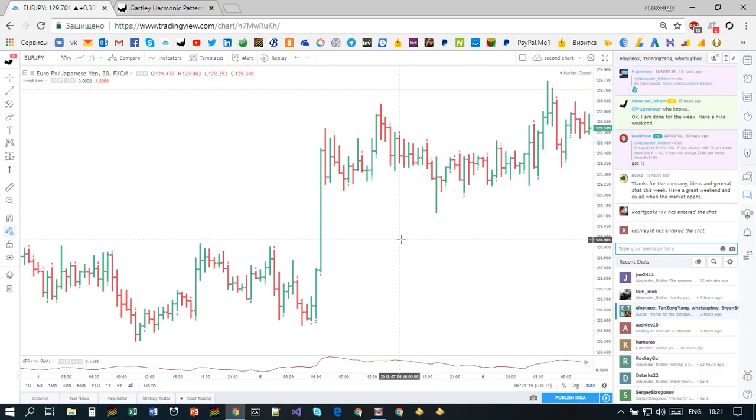I have some public ideas as well, and if you are a follower of mine on TradingView, I'm posting some charts. And sometimes the charts that I post may never complete, or they become invalidated, and of course I never trade them. They never lead to opening a position.